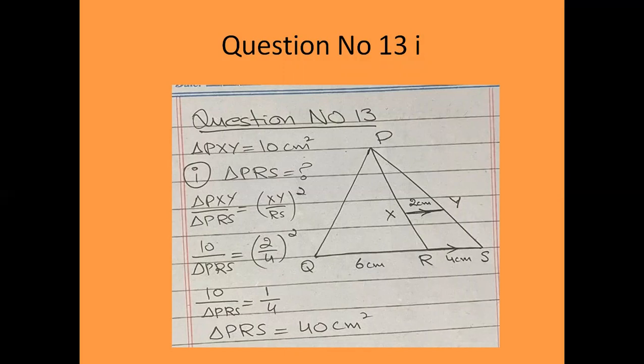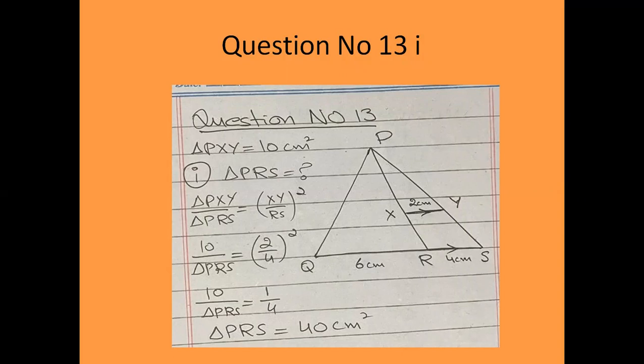We know that both these triangles are similar to each other because their third sides are parallel to each other. So the triangle PXY divided by the triangle PRS is equal to the square of the ratio of their sides. So XY divided by RS whole square. So the area of the triangle PXY is 10. The triangle PRS, I want to find out its area, equals XY is 2 centimeter and the RS is 4 centimeter, and we have a whole square on it.